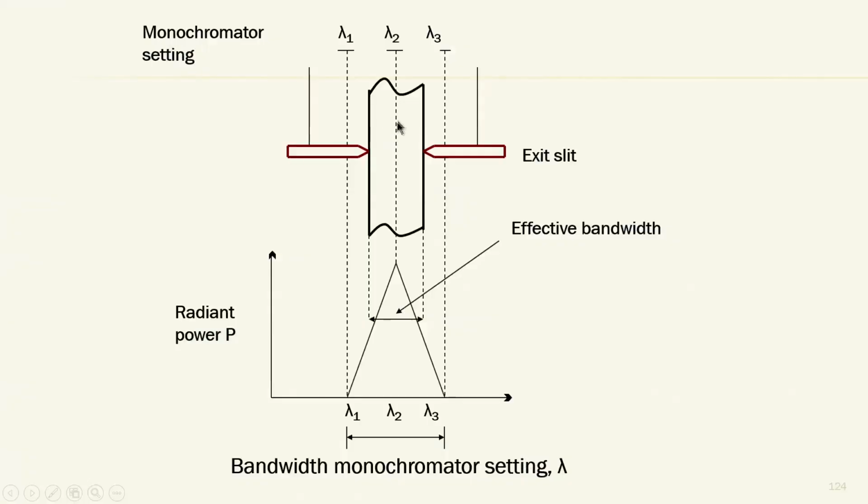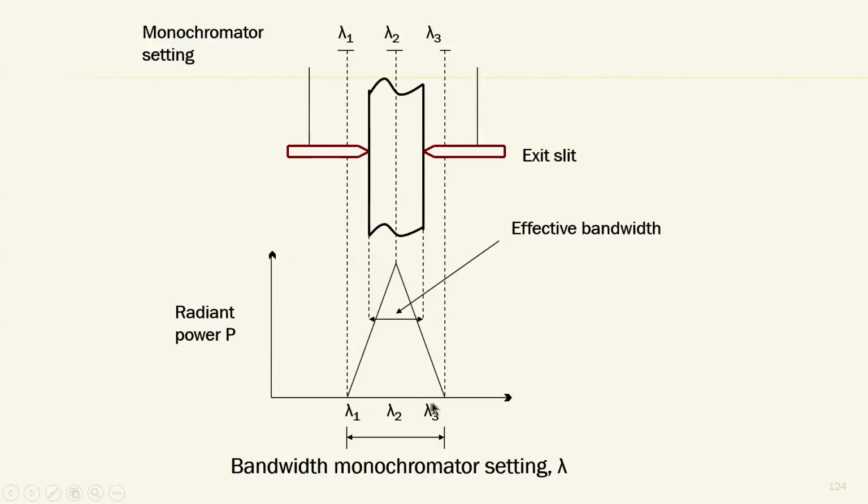So, here what I want to show you is that lambda 2 is my desired wavelength. Okay. So, the maximum intensity, this is the radiant power, and this would be the intensity on the y axis, and maximum radiation is here. But I also get radiation corresponding to lambda 1 and lambda 3. These are also nearby, but at maximum intensity lambda 1 is almost nil.